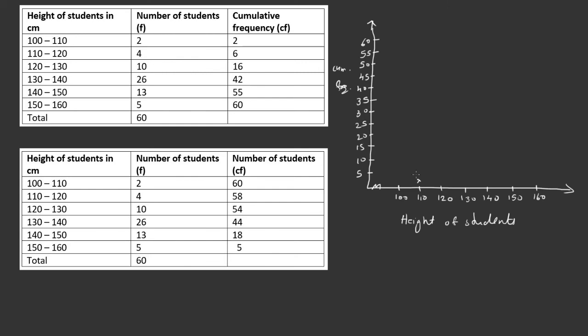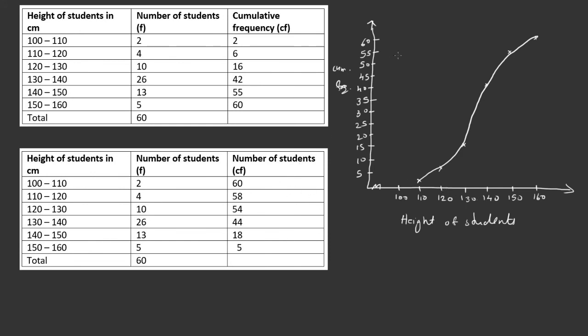For 120 it is 6, 130 it is 16, for 140 it is 42, 150, 55. For last, for 160, it is 60. Joining the points to get a smooth curve, I will get like this.